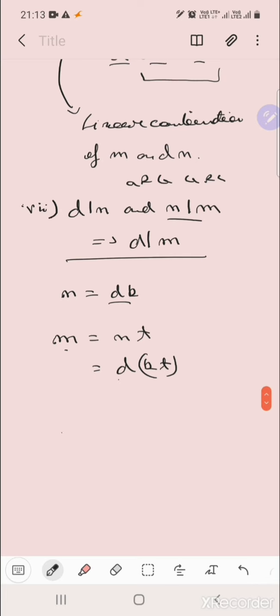Okay, now the symmetric property is not followed here. Clear? That is, d divides n will not imply n divides d, unless both are 1, or both are -1, or both are equal.